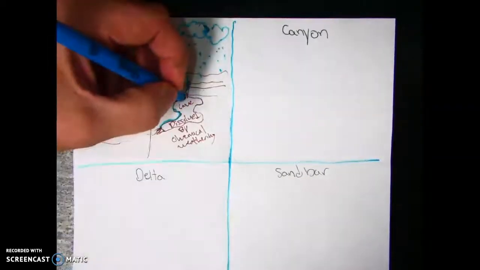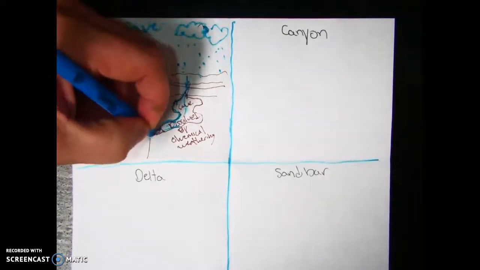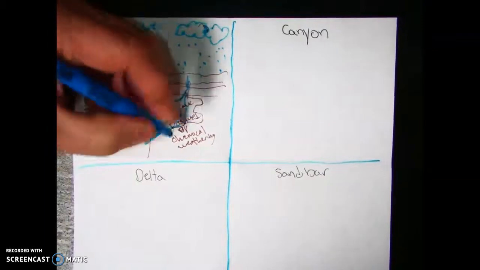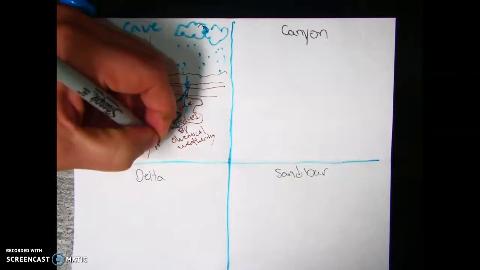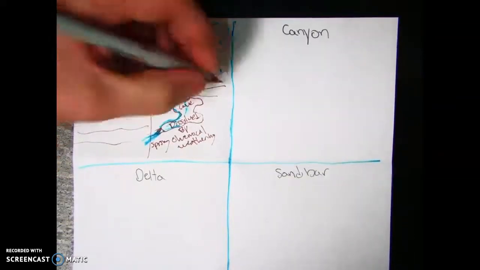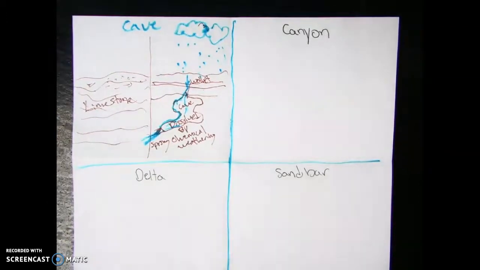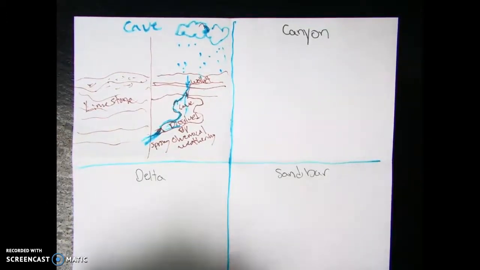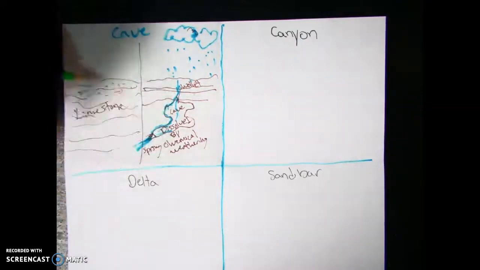Water's going to come in, it's going to dissolve, it's going to carry it away, and then it comes back out somewhere. Wherever it comes out is going to be called the spring. Wherever it got in, the swallet. Okay, so that pretty much does a cave. The description of the cave: limestone rock being chemically weathered due to acidic water, forms an underground chamber.